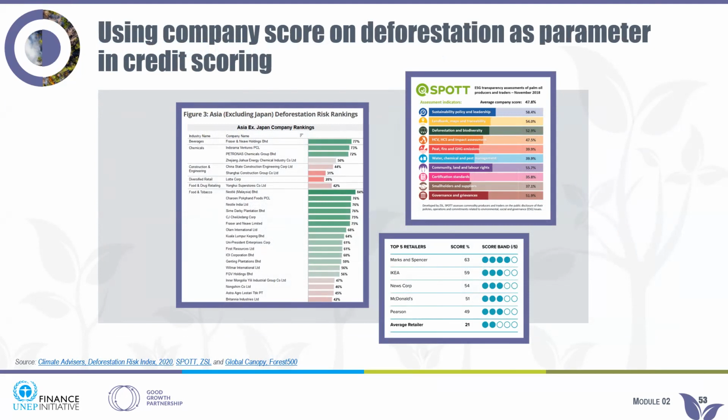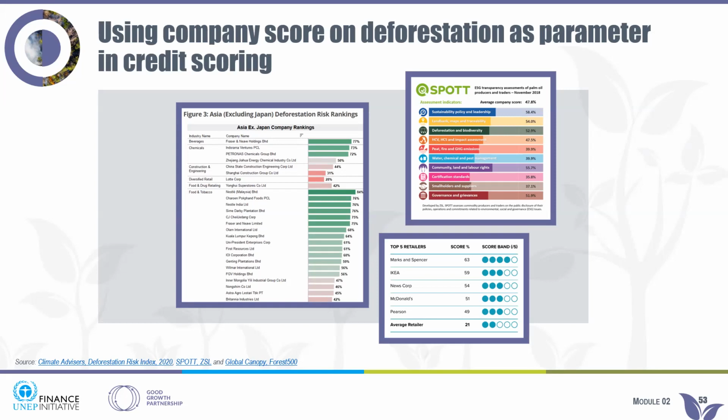These scoring tools typically aggregate different risk issues using qualitative assessments, interviews, and expert judgment to produce the score. You've seen in the previous sections examples of those tools, like Trace, for instance, or Forest 500.